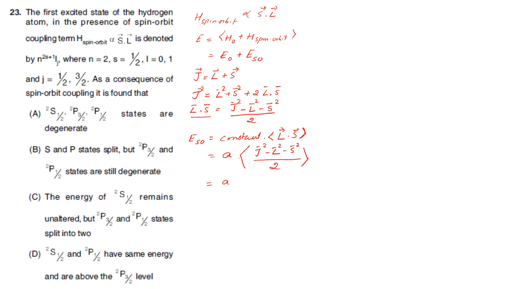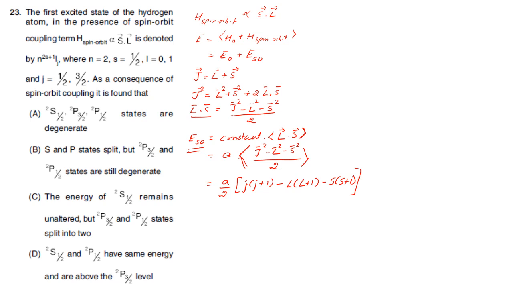Therefore it is A by 2, and taking the expectation value, you can write it as j into j plus 1 minus L into L plus 1 minus S into S plus 1. So this is the energy due to spin orbit interaction.